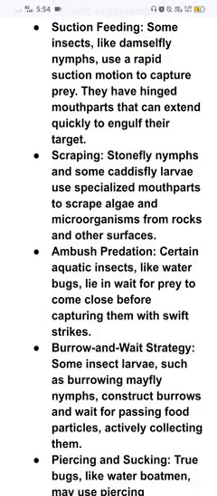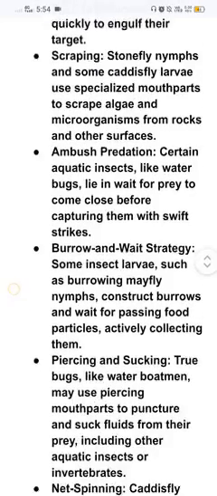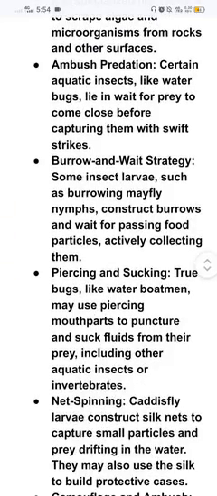Stonefly nymphs and some caddisfly larvae use specialized mouthparts to scrape algae and microorganisms from rocks and other surfaces. And ambush predation. Certain aquatic insects like water bugs lie in wait for prey to come close before capturing them with swift strikes. Like they jump into the prey and capture that prey.